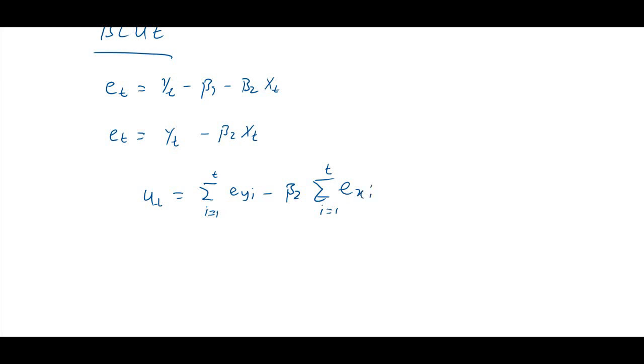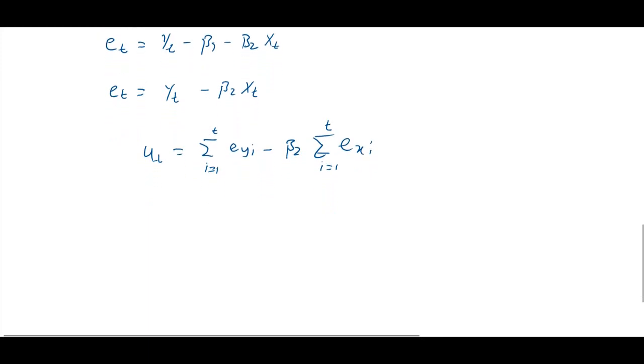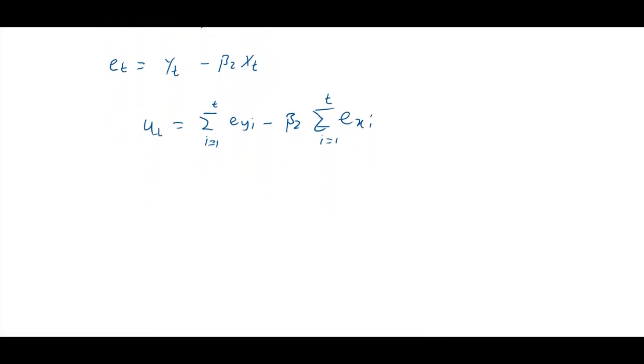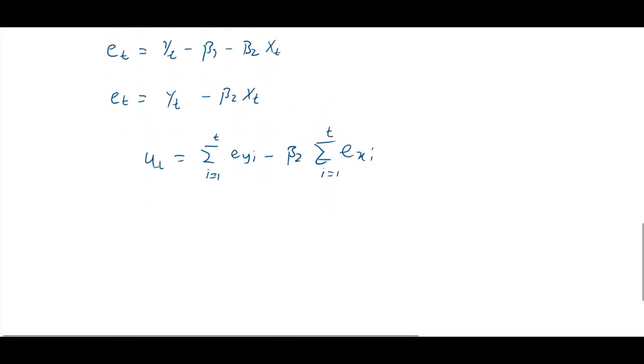So these two error terms give us the Et term over here, and if we number the equations again as 3 and 4, this will be our equation number 5.